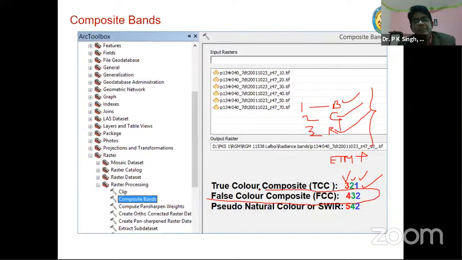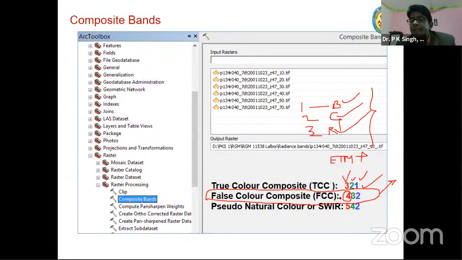But one customary combination has been started and is being used, that is the false color composite. Many times people are interested to know about vegetation, to highlight vegetation in the form of some color. This combination has been made for that. Actually, green vegetation reflects maximum light in the near infrared band, which is band 4.